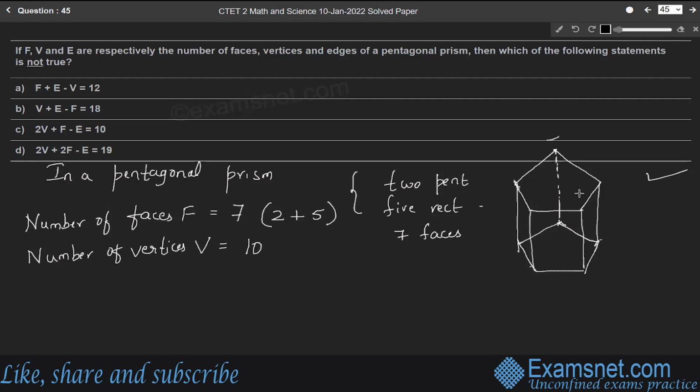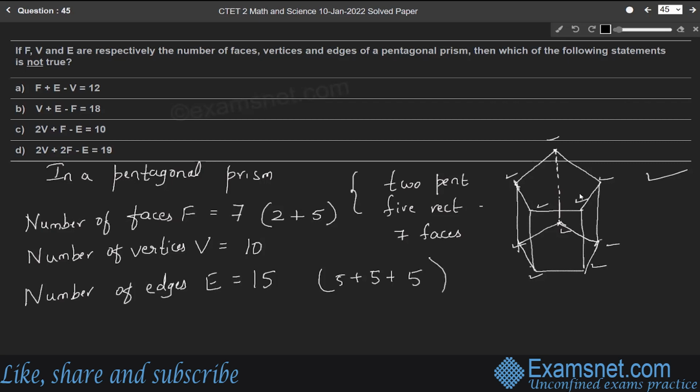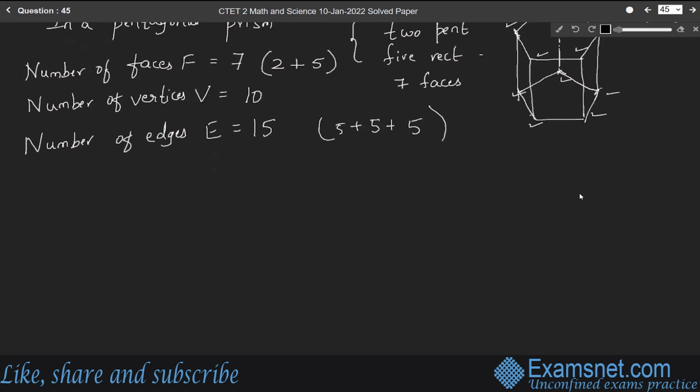So here 1, 2, 3, 4, 5, 6, 7, 8, 9, 10 vertices. And number of edges. E is equal to 15 edges. So 5 edges of the pentagonal top, 5 edges of the pentagonal base, and 5 edges with respect to the rectangular faces. So there are 15 edges.